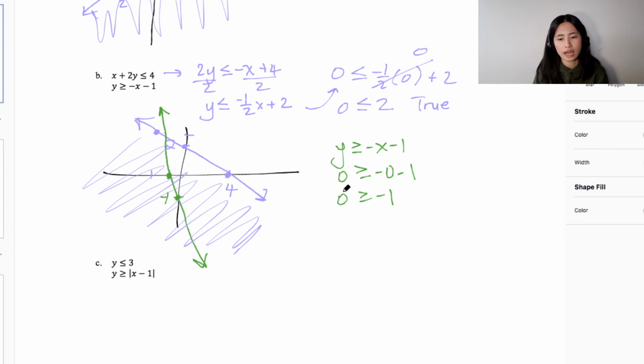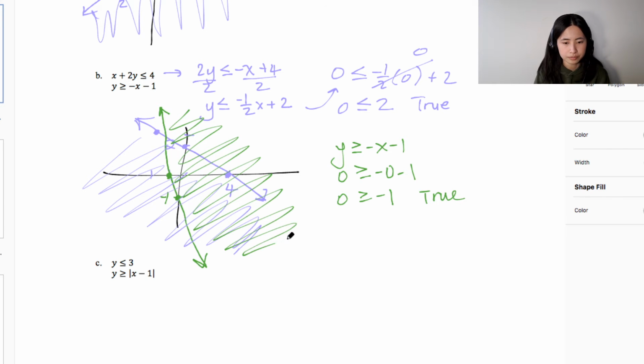So we know that 0 is always going to be greater than or equal to -1, so that's true as well. Therefore, when you're looking at your green line, as you can see, the 0, 0 is over here. That's why this part is going to be shaded. So I guess the overlap would be here, and here. Can you guys see that? So this is where the overlap is, and that's your solution.